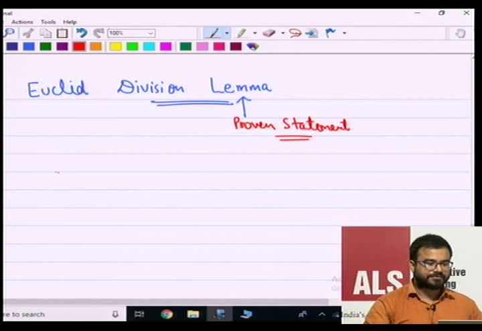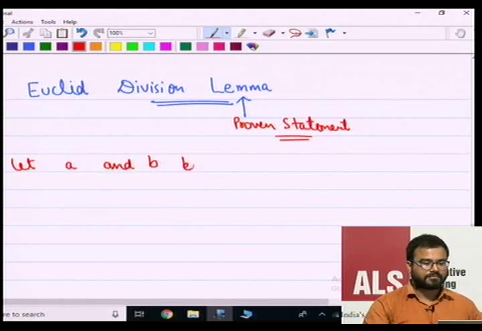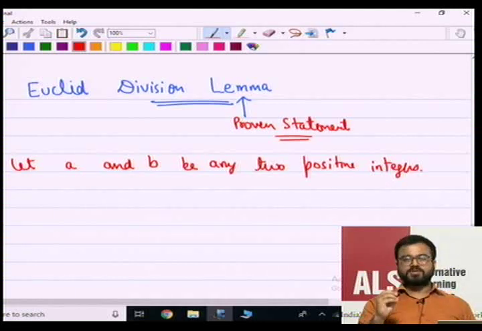So it says, let A and B be any two positive integers. It tells us about positive integers.